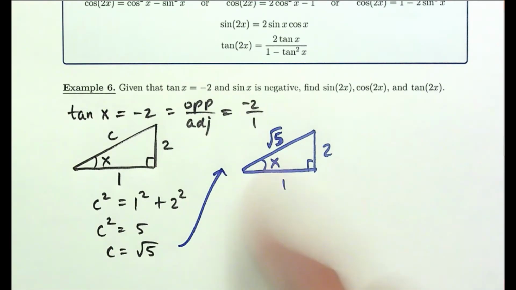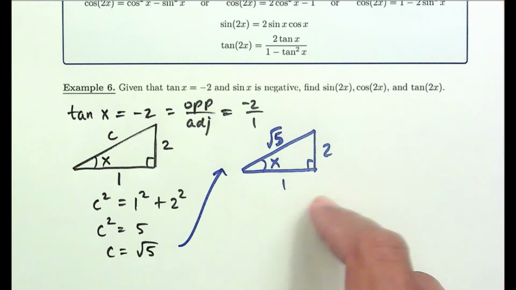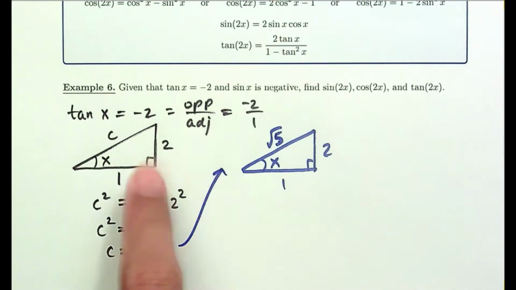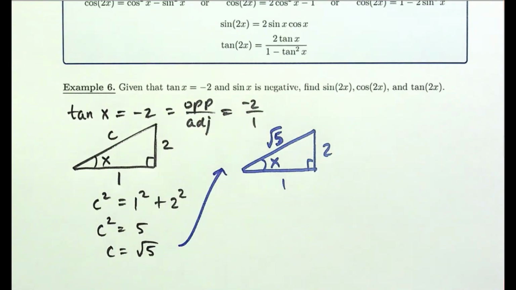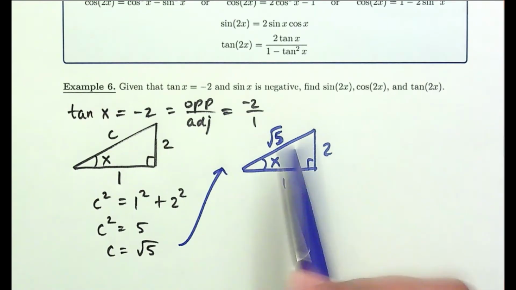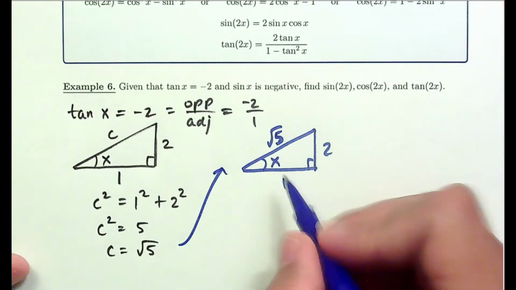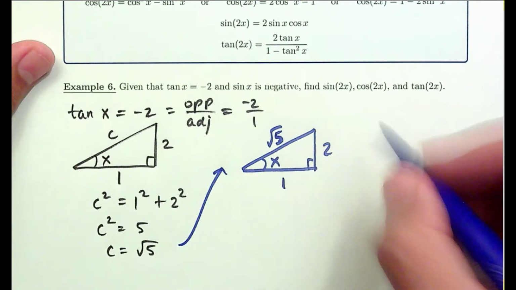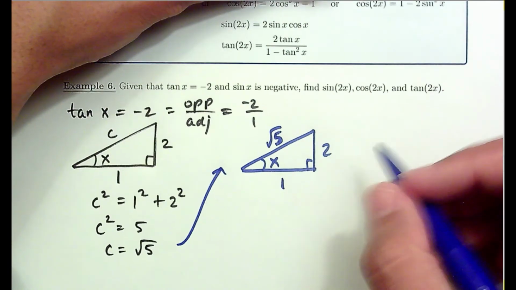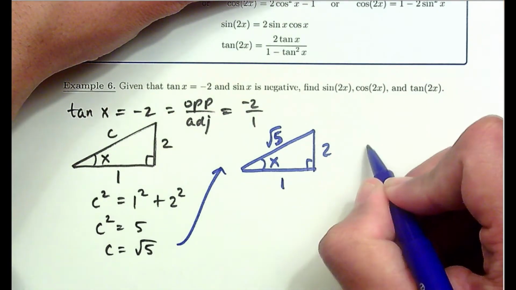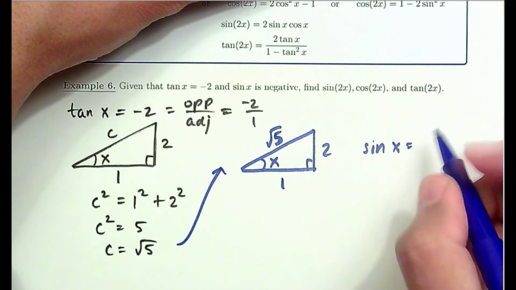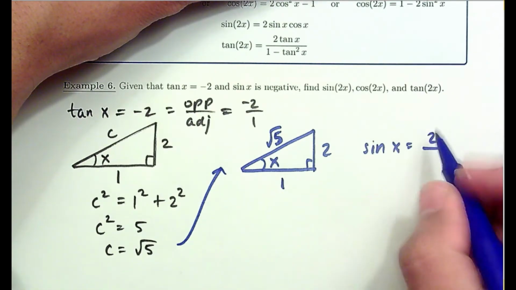Okay, so from this picture, we're going to write down what sine and cosine are, and using the information that the sine of x is negative and the tangent of x is also negative, we're going to determine the sign of sine and cosine, what it should be. Okay, so just from this picture, what is the sine of x? Well, sine is opposite over hypotenuse.